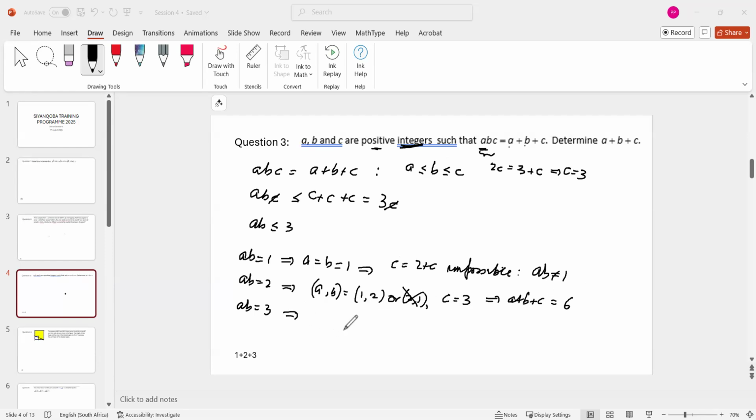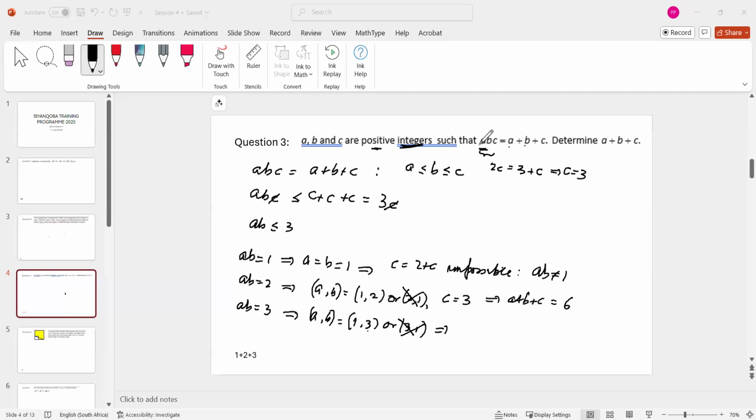And in the last case, AB is equal to 3. You got two positive integers. The only way you can have this is A, B equal to 1, 3, or 3, 1. And again, A is smaller than B, so we can eliminate that. And in this case here, let's see what happens.